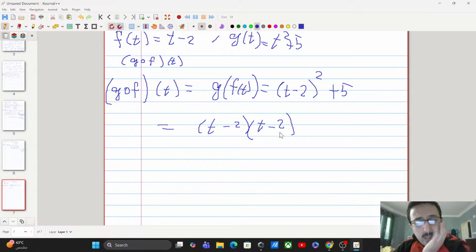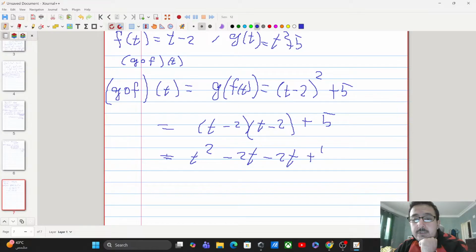I don't remember the formula for (a plus b) squared exactly, so we're going to do it the hard way, the long way. t times t is t squared, then minus 2t, minus 2t, plus 4, and we have plus 5 here.